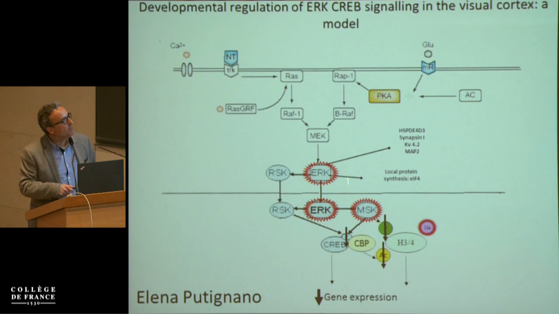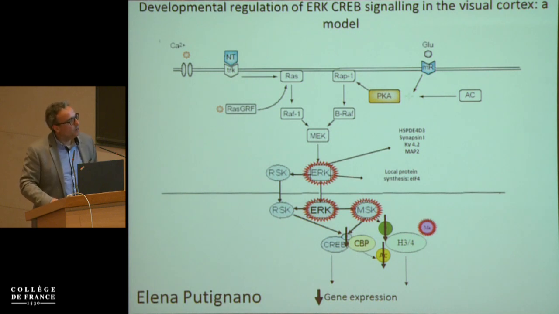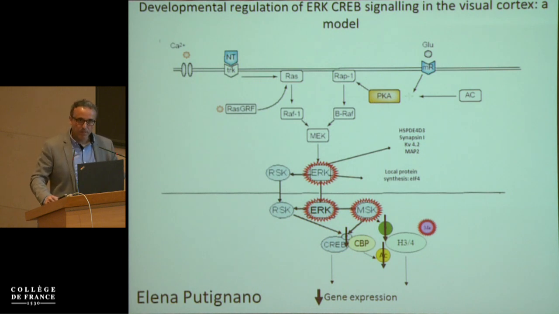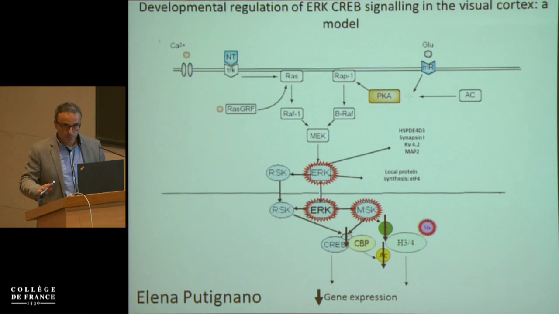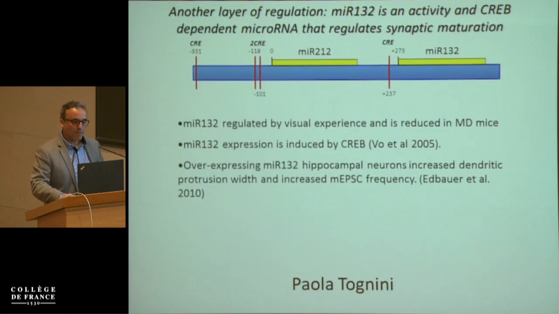And we found that this part of the pathway was basically activated to the same extent, but those controlling gene expression were down-regulated. So the effect of experience at the level of gene transcription does not disappear, of course, but is much less than what happens in juvenile animals. So, as I said, the first point was, what are these regulated genes?